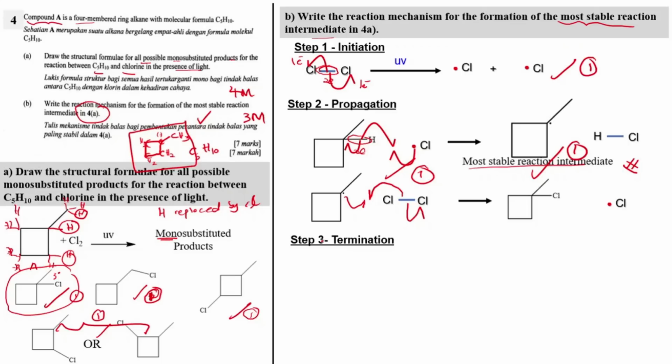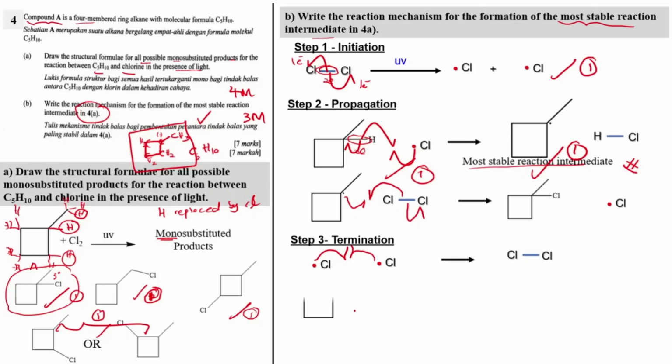Okay, and as for the termination step, termination means terminator, to eliminate. What do we want to eliminate? We're going to eliminate the radical. So it is a reaction between radical and radical. So we have a chlorine radical reacting with another chlorine radical. So one half-headed arrow reacting with another half-headed arrow in order to produce a chlorine molecule.